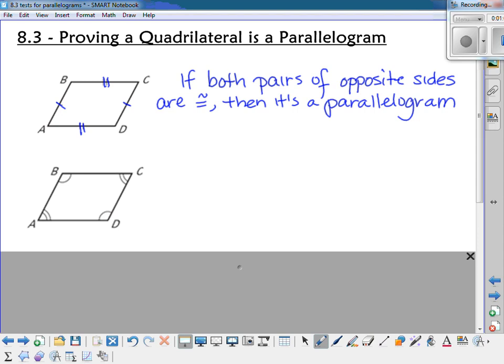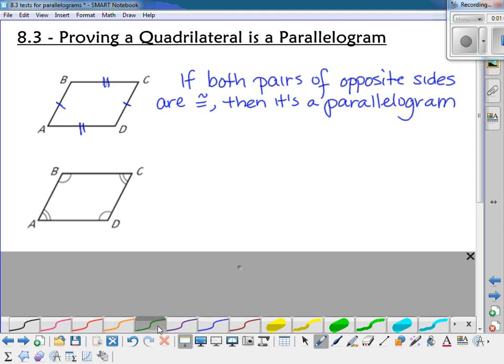Turns out that if both pairs of opposite angles are congruent, it's also a parallelogram.